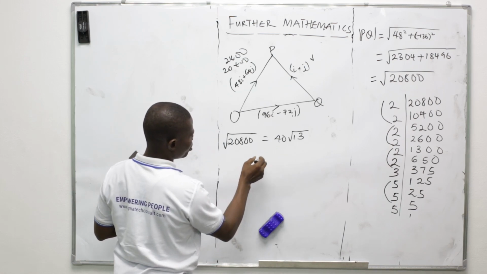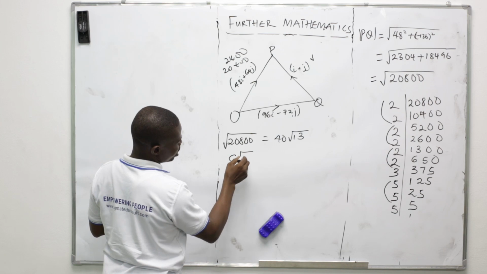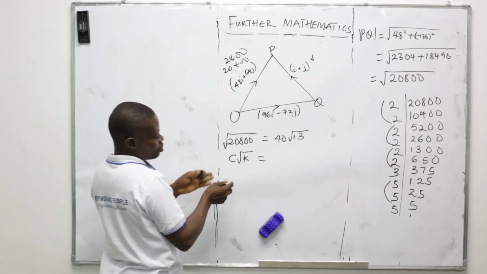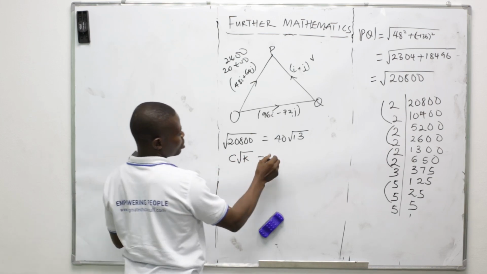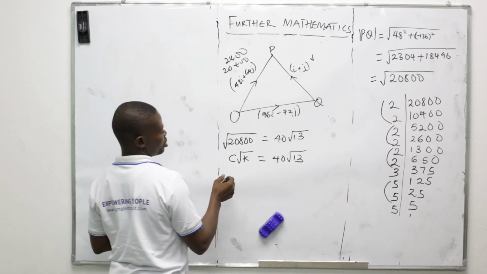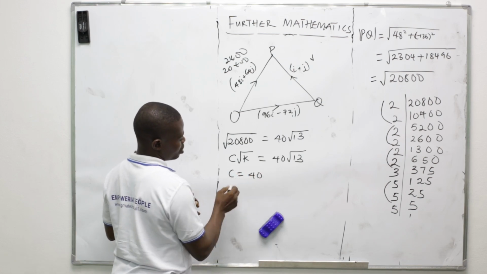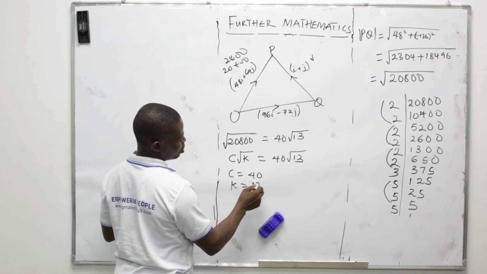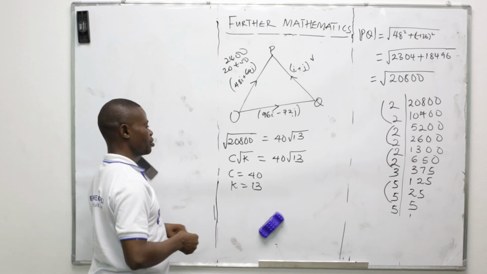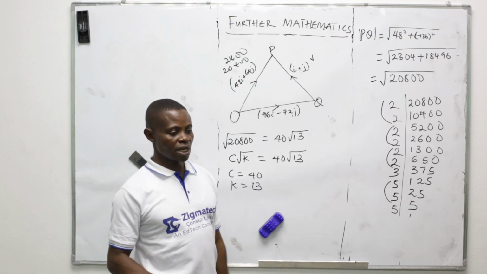So, our solution, recall we were told to express in this form c root k, equals 40 root 13. The value of c is 40 and the value of k is what? 13. Therefore, c root k equals 40 root 13.